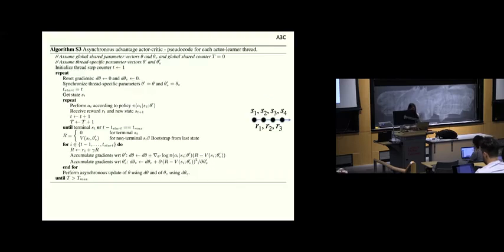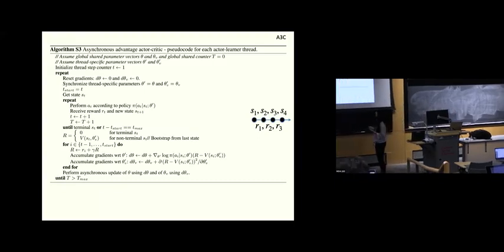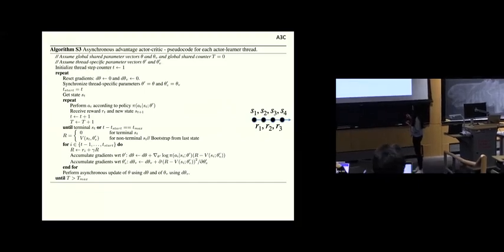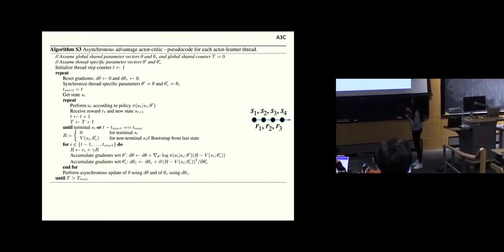Okay. So this is the pseudocode. Let's see if we can recognize pieces in that pseudocode that we are already familiar with. First of all, we have two thetas, theta and theta v. This is the actor and this is the critic. These are the global parameters, and every thread is going to have its own copies of those parameters, theta prime and theta prime v.